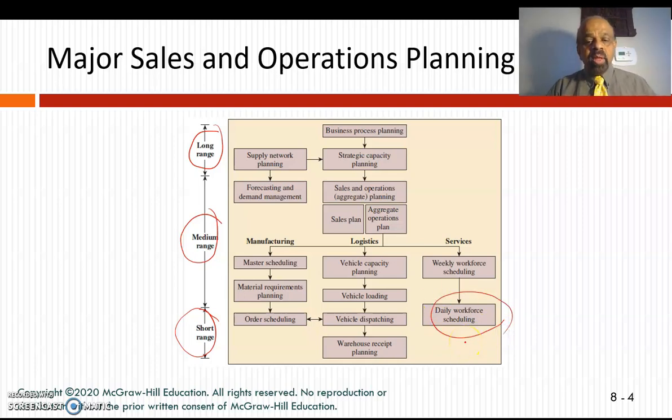Medium range is basically the sales plan and an aggregate plan, which includes forecasting first, finding out the capacity next, and then finding out the sales planning, and then going with various different functions. The long range is more of a strategic capacity planning.